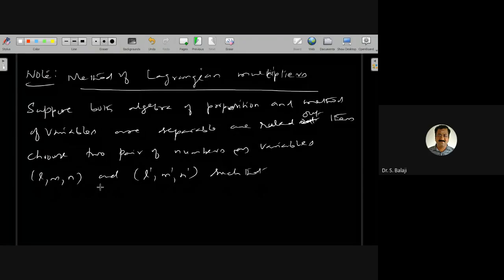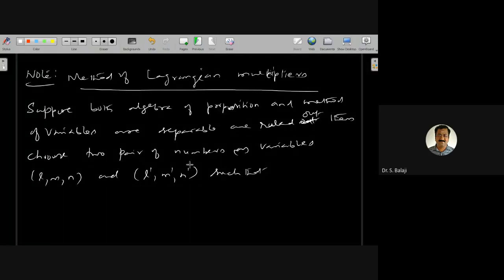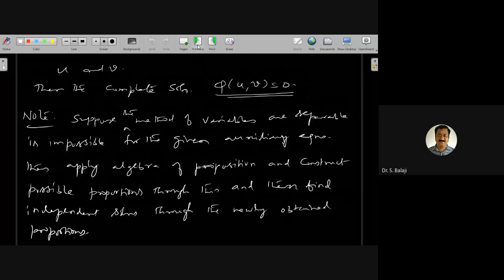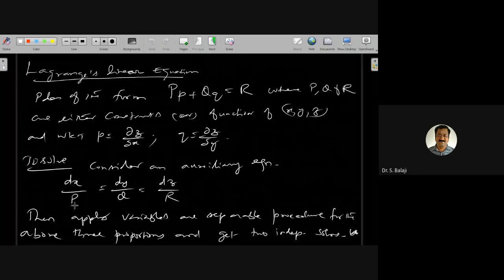Not only numbers, they may be x, y, z or x square, y square, z square, that type of thing, such that LP + MQ + NR = 0, and similarly L dash P + M dash Q + N dash R = 0.